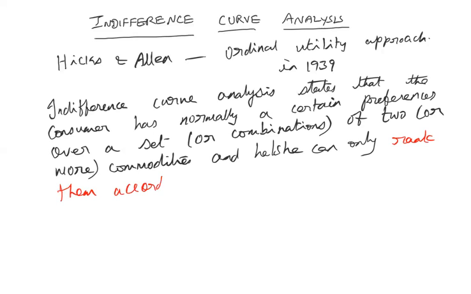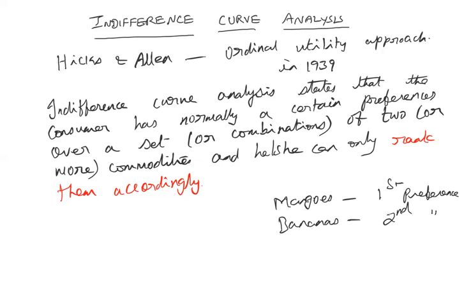For example, if the consumer has certain preferences like mangoes, first preference, bananas, second preference, apples, third preference, oranges, fourth preference.